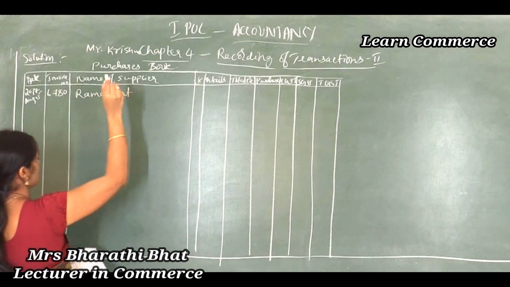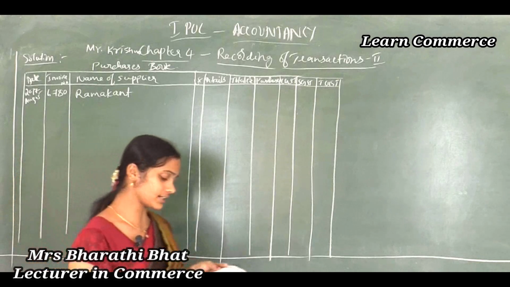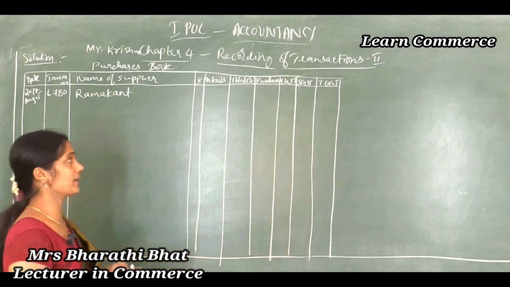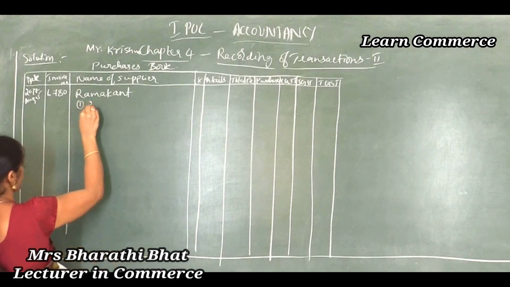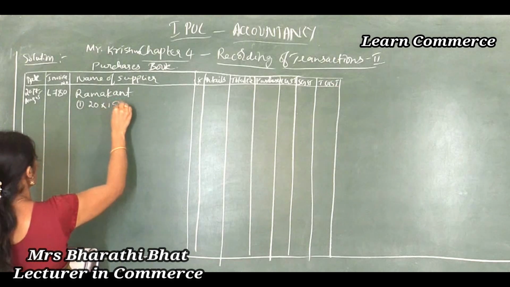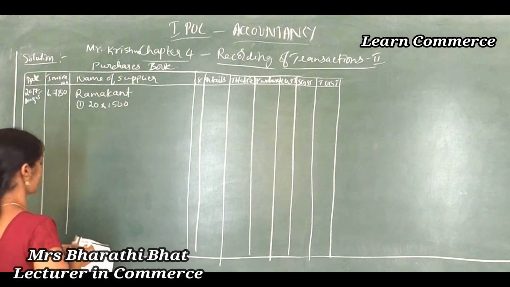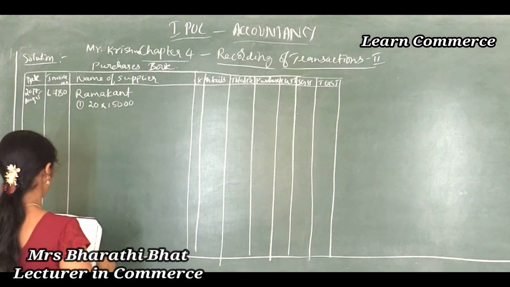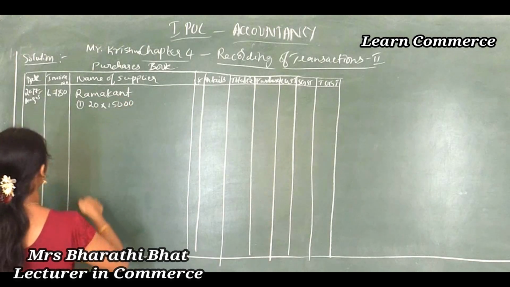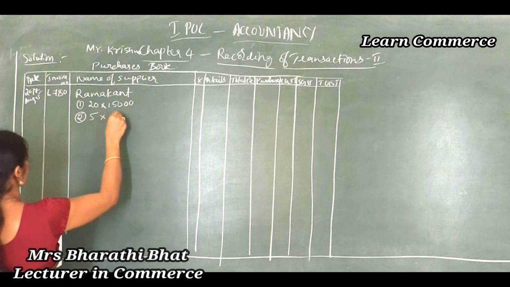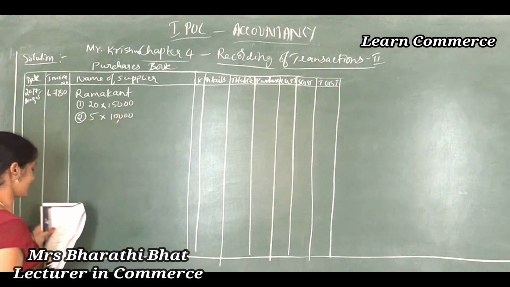Ramakant. Okay. What are the items we purchased? First one is 20 televisions at the rate 15,000 each. And next one is what? 5 DVD players at rupees 10,000.